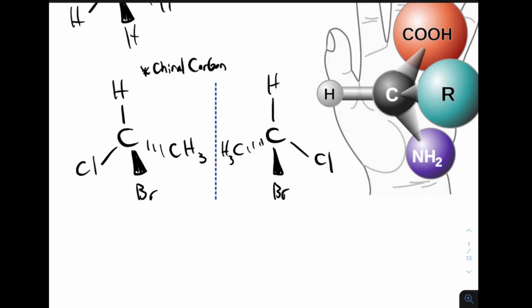It might look like all the bonds are in the same positions, but if we try to turn this molecule onto itself, we'll find that they are no longer superimposable. Okay, so these are enantiomers.